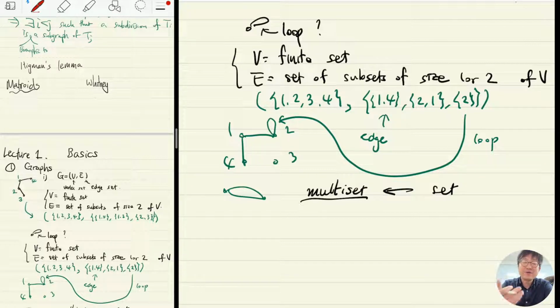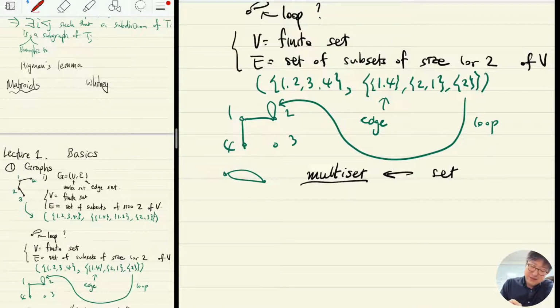Even for me, if a paper doesn't use any loops or parallel edges, I would stick to the simple definition where you don't allow loops and parallel edges. If I use a lot of parallel edges and loops, I would use the other definitions that I'm going to describe.